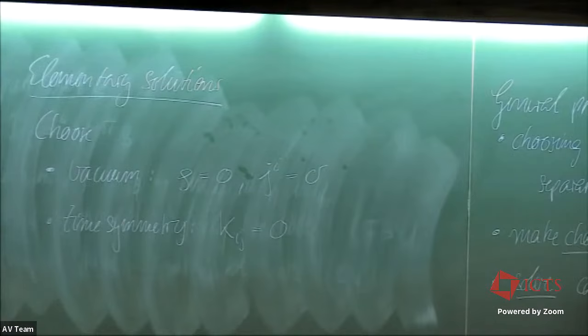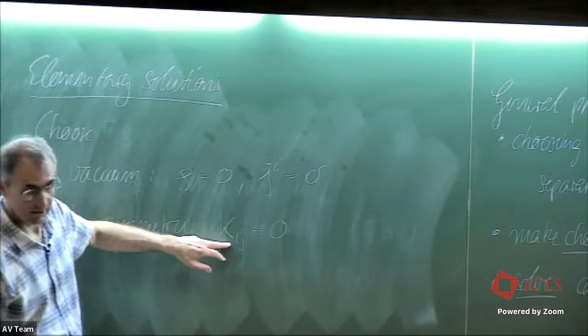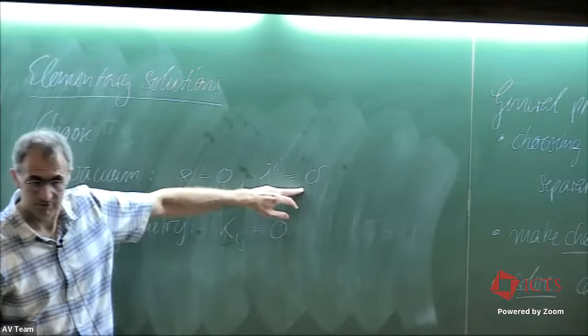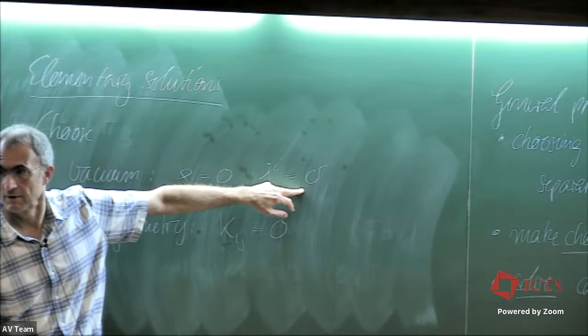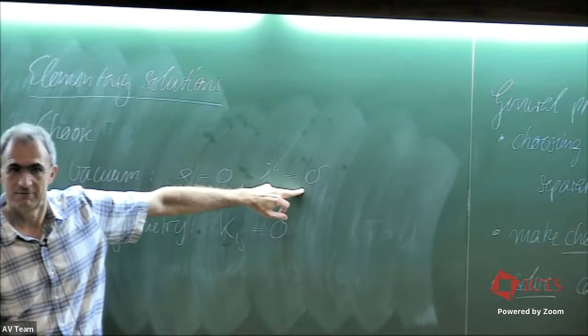Now I erased, unfortunately, the momentum constraint, but look it up in your notes, and you'll see that if we have Kij equals 0 and J equals 0, then the momentum constraint is satisfied identically. 0 equals 0. Nothing left to be done there.